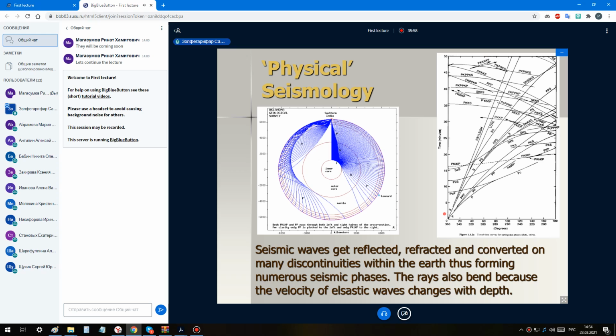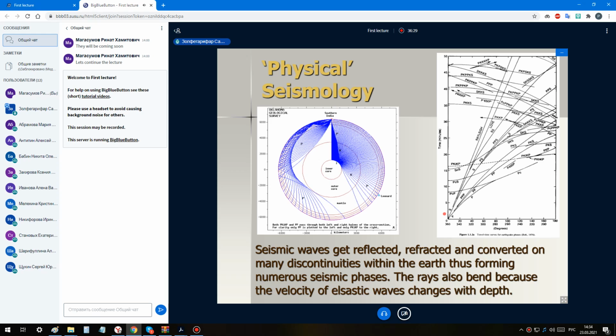Also, the next slide shows physical seismology of the interior of the Earth with some curves. Seismic waves get reflected and converted on many discontinuities within the earth, thus forming numerous seismic phases.